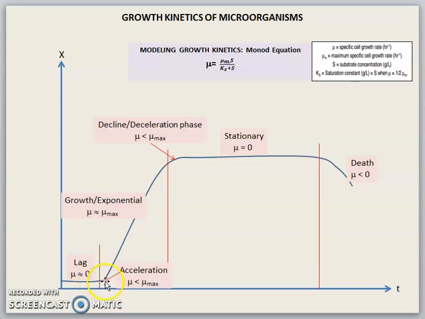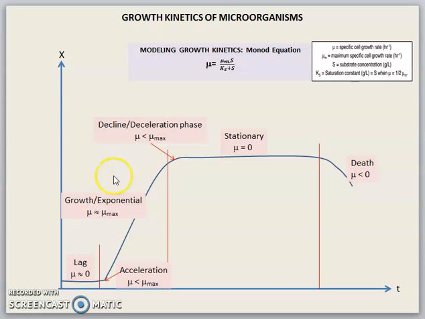Then we have an acceleration phase, just a small duration here, where mu is less than mu max or mu m. The important part is the growth or exponential phase, in which mu is equivalent to mu max.